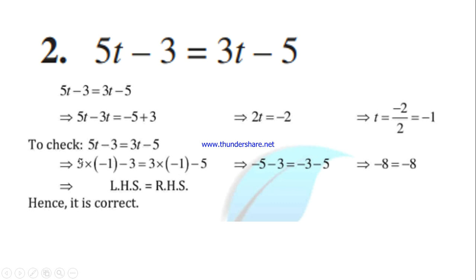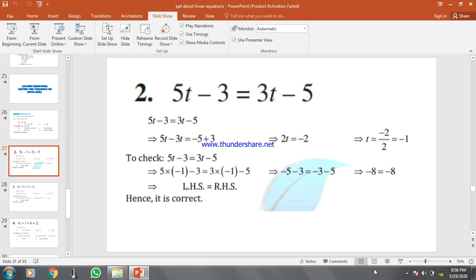First let's multiply. 5 ones are 5, plus into minus is minus, so minus 5, minus 3 on the left hand side. Then plus into minus is minus, 3 ones are 3, minus 3, minus 5. Simplify, children. Like signs, add, common sign, minus. Here also like signs, add, common sign. So LHS equal to RHS, hence it is correct.